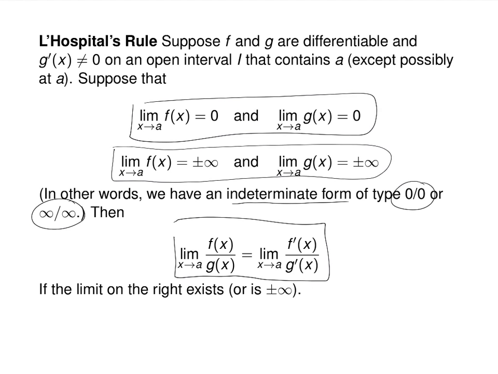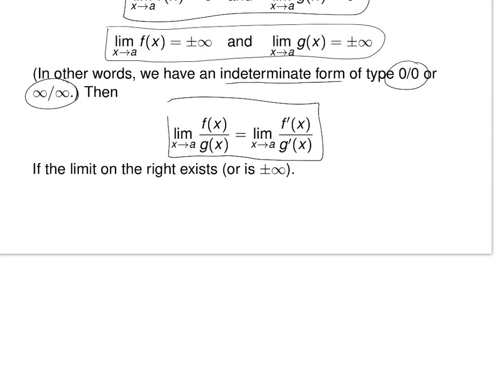So for a quick example, the last one. The last one that we did was the limit as x goes to negative 3 of x plus 3 over x cubed plus 27, right? That's what it was.